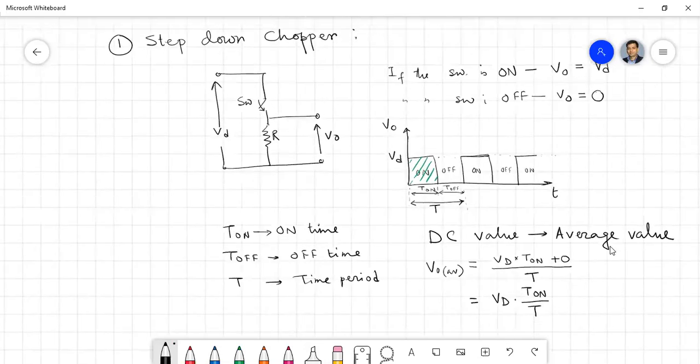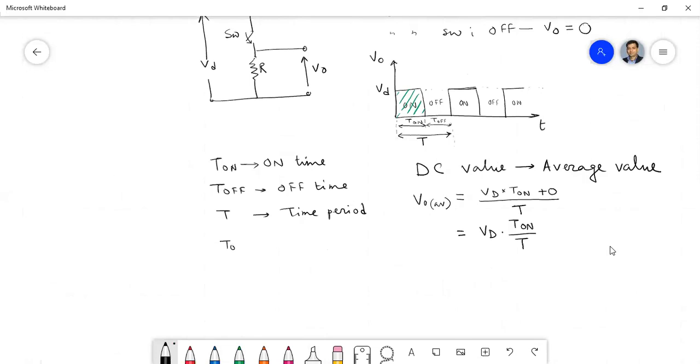This ratio T on by T is called the duty ratio, or sometimes the duty cycle.